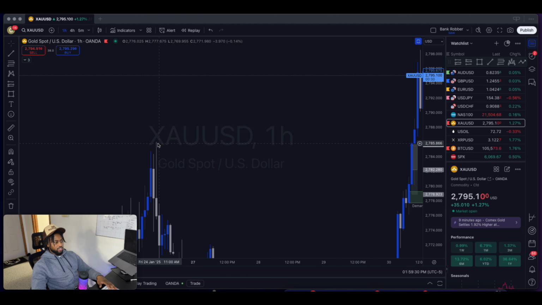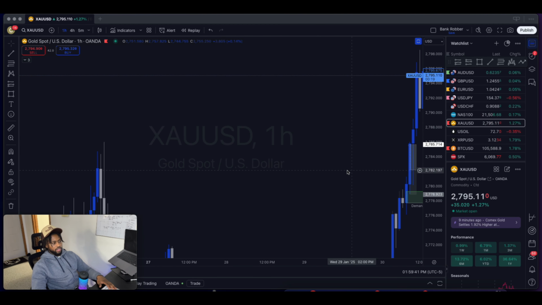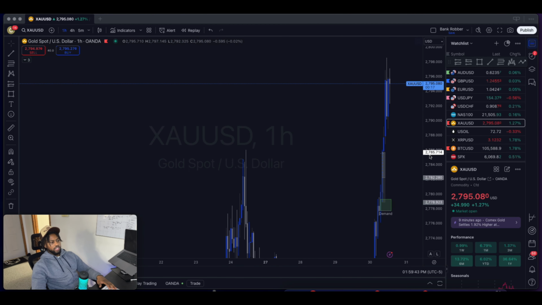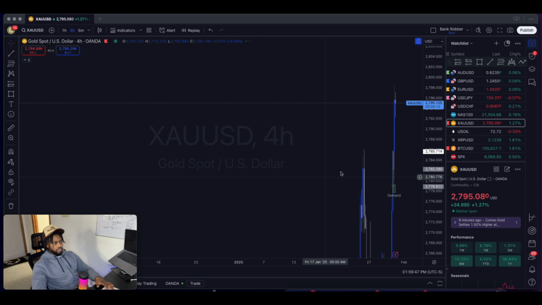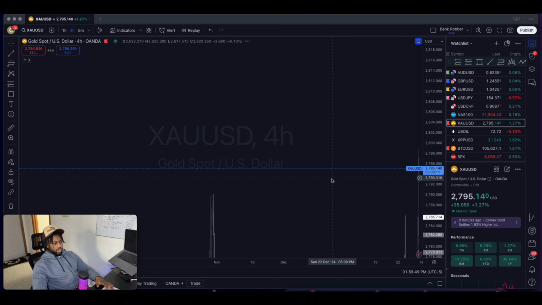So this could have very easily been a rejection, or an easy area for the banks to take liquidity, break above this high right here, and shoot to the downside. I easily could have been liquidity this morning, but I think we already broke the all-time highs. Okay, yeah, we bust right through the all-time highs.